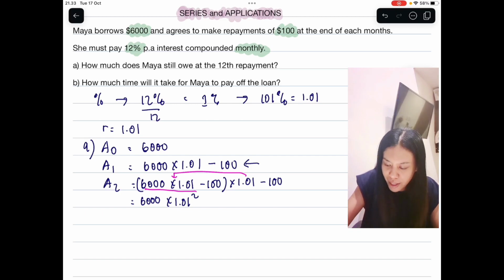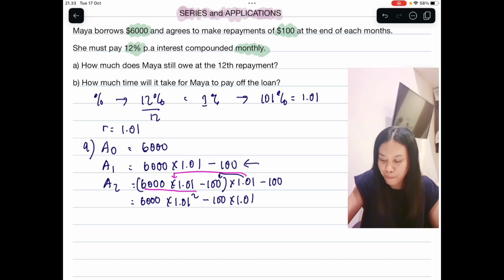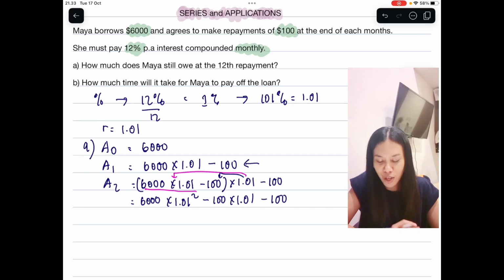And I multiply it again, I minus it with 1.01 multiplied by 100. So it's going to be negative 100 times 1.01. And then I minus it by 100 because I'm done with the rainbow, yeah? So I got that. That's the amount of money that Maya is owing after the second month.